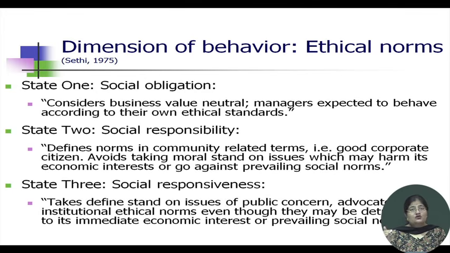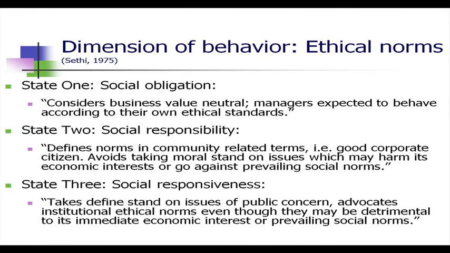State 2 is social responsibility. Now, behavior is following and expressing ethical norms. When we reach the second state, which means we become socially responsible, we define norms in community related terms as an organization. When I say we, I am talking about the organization, which means good corporate citizens do this.